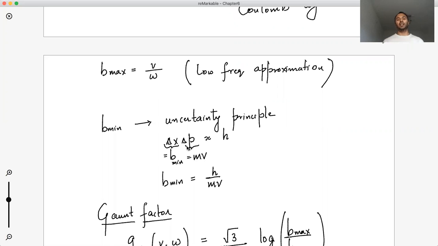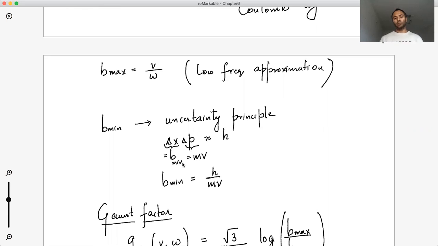If I have an electron coming in with this momentum, I will be unable to locate it to a distance more accurate than delta x, and I'm going to call that the b min, where the classical treatment is just going to fail, because if you want to go below b min, then you basically have to treat all of this quantum mechanically, right? I mean, none of this is going to work properly.